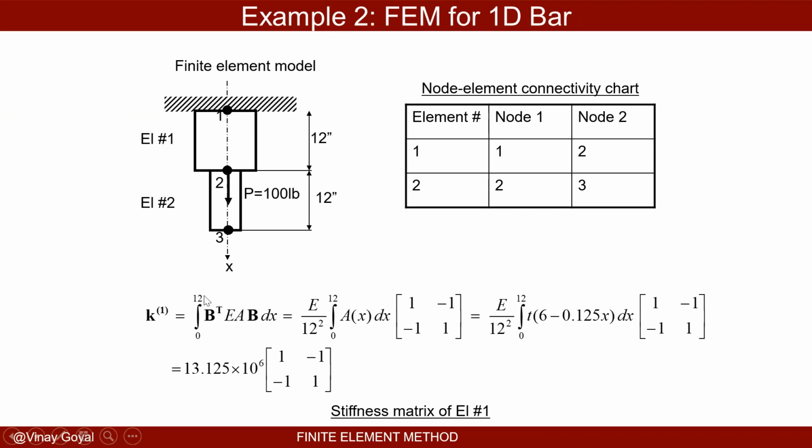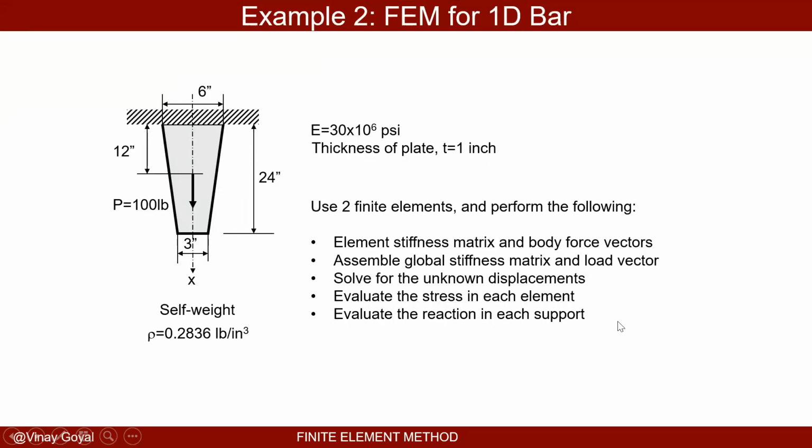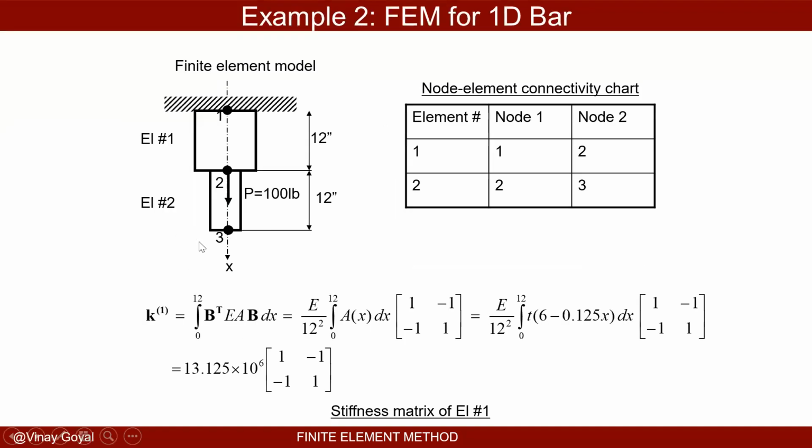So for element 1, I have 0 to 12. B bold was calculated as this, so that doesn't change. The element length is 12, so that's why it's 12 squared. The area, the cross-section area is changing according to this function, okay? And you can determine that function from the geometry. I'll let you figure that out.